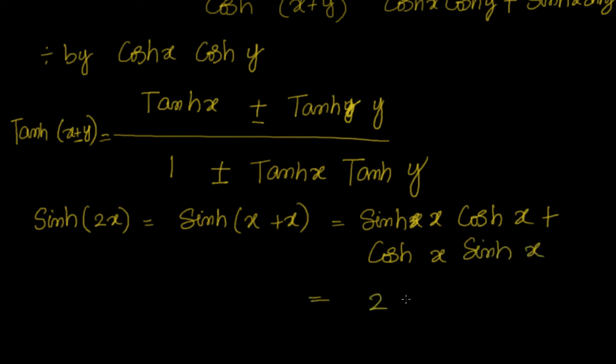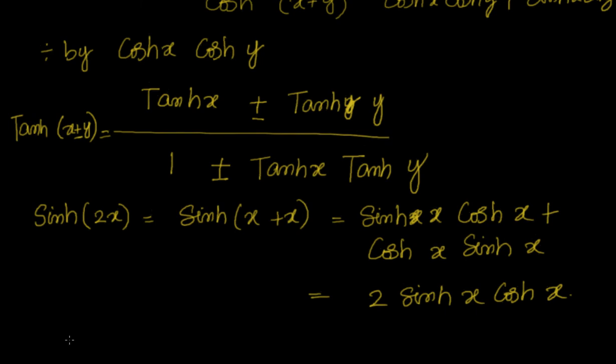So I will end up with 2 sinh x cosh x. This is nothing but sinh of 2x.